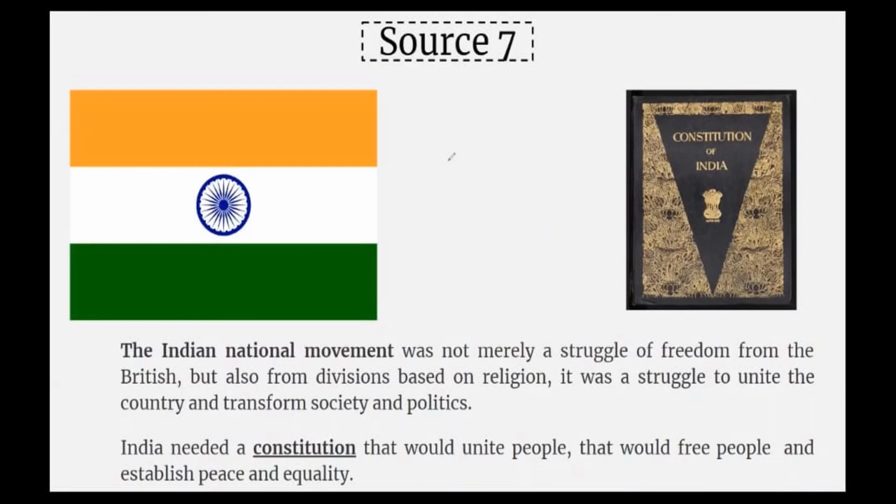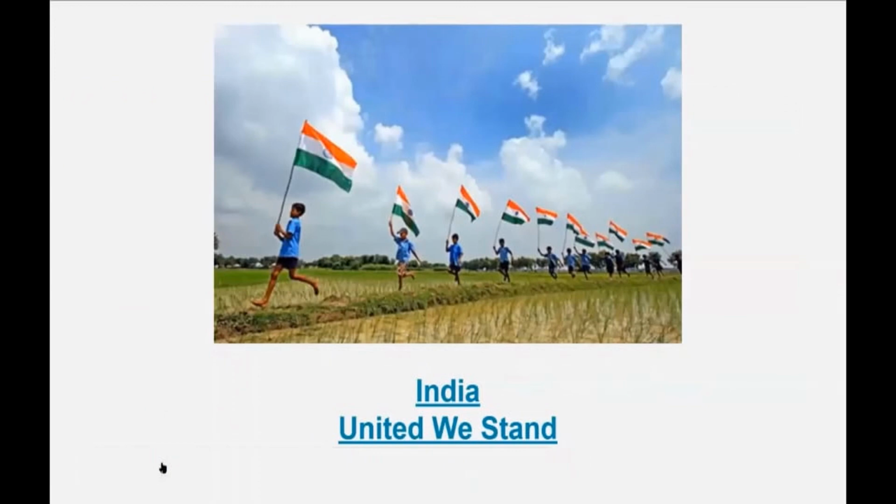Because of that, India needed a constitution. India needed a constitution that would unite people, that would free people and establish peace and equality. So this was the reason why India needed a constitution, so that every citizen, no matter which religion he or she comes from, every religion will be treated equally.